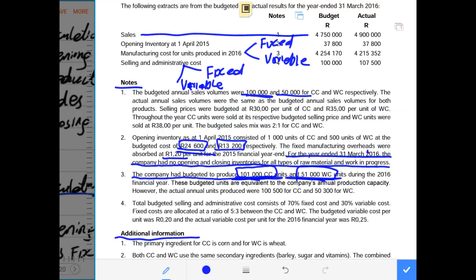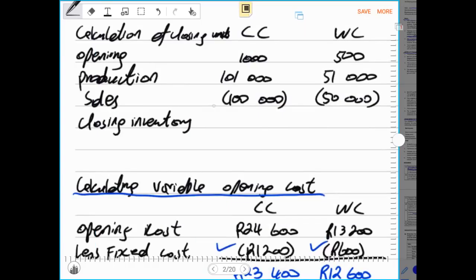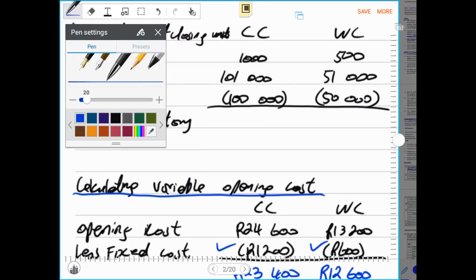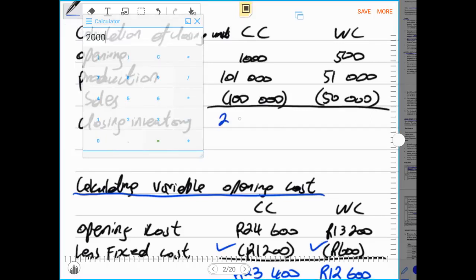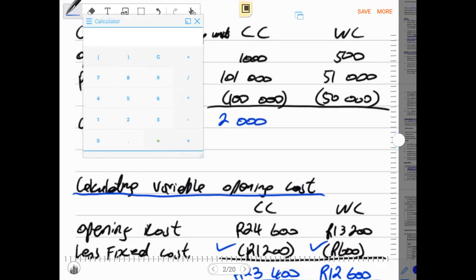So if you say opening plus production minus sales, that will give us the units of the closing inventory. Then we had our opening as 1,000 units plus 101,000 units minus 100,000, and this gives me a total of 2,000 units of the closing inventory for product WC.